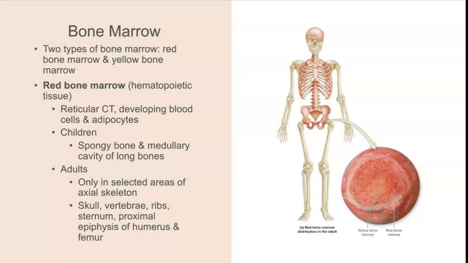This results in adults having red marrow only in a few areas. So selected portions of the axial skeleton, like the flat bones of the skull, the vertebrae, the ribs, the sternum, and the hip bones, the os coxa bones. Adults have red marrow in the proximal epiphyses also of each humerus and femur.